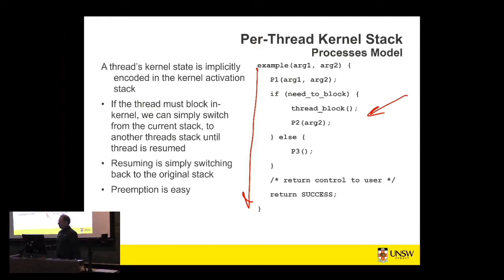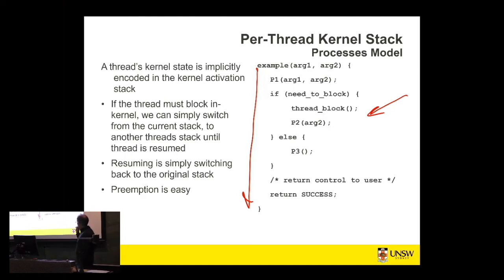This could have been a synchronization primitive, the attempt to acquire a lock, or any primitive that resulted in suspension of this thread for some period of time, and then continuation of this thread.